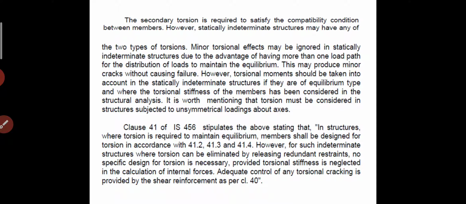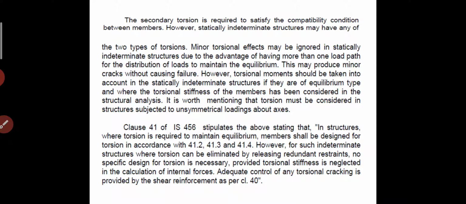Minor torsional effects may be ignored in statically indeterminate structures due to the advantage of having more than one load path for the distribution of loads to maintain equilibrium. This may produce minor cracks without causing failure.